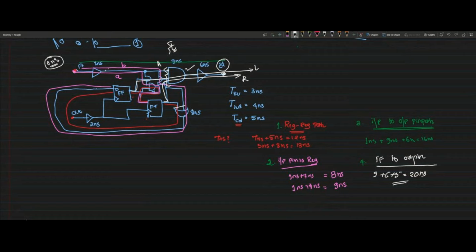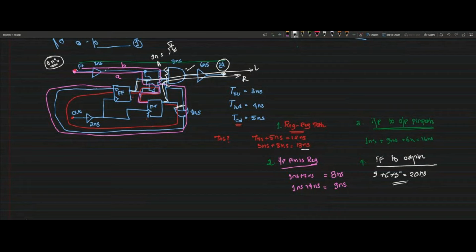After that input is stable, plus 8 nanosecond, this input will be stable. So even though this is 1 nanosecond, here it might be 8 plus 5, that is 13, plus the various delays we calculated, so 12 nanosecond.